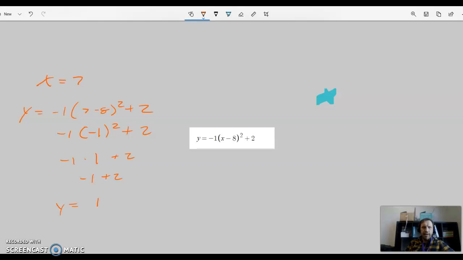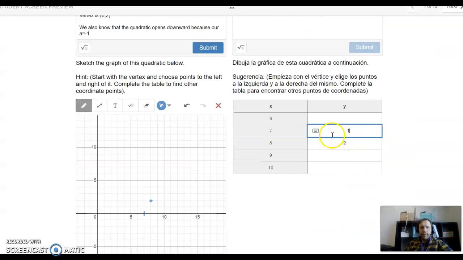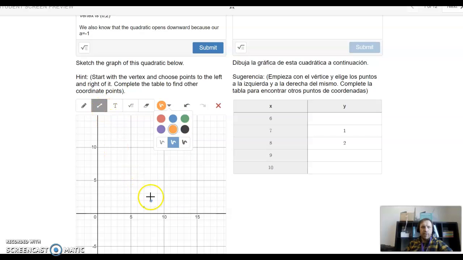So if I plug in a 7, I get back a 1. So let's put that in here into our graph. 7 gives us a 1, and we can graph this over 7, up 1. Now what's super cool about quadratics, right, is I know this is my vertex, so I know this is my axis of symmetry right here.